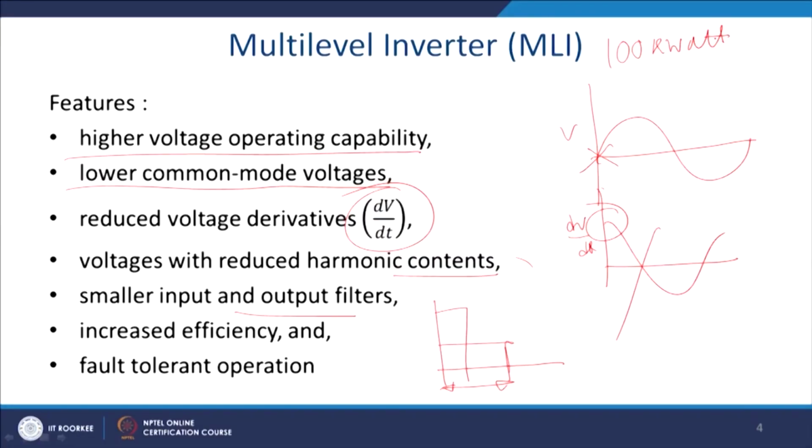For this, the drive is preferred, because if you have a 100 kilowatt motor drive, of course you expect that you will be feeding the voltage in the range of 11 kV, as simple as that, because you cannot feed a 100 kilowatt motor drive from 440 volt.